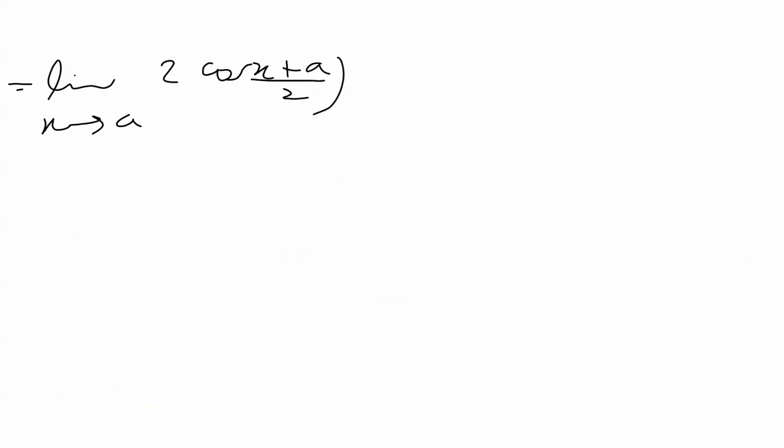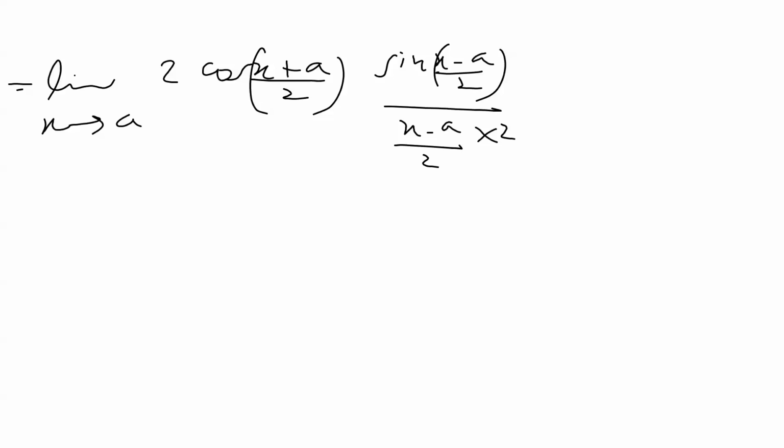So limit x approaching a, 2 cos((x plus a)/2) sin((x minus a)/2), x minus a is already there, divide by 2, multiply by 2 into root x plus root a.